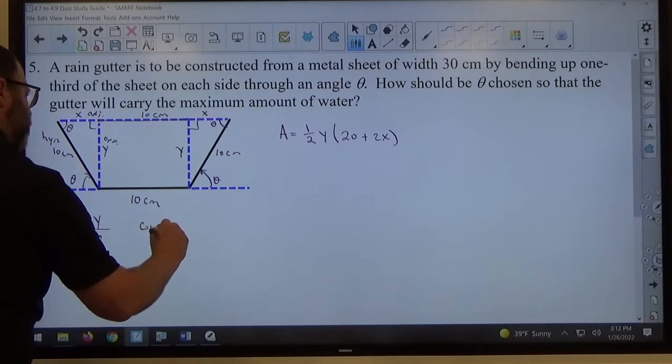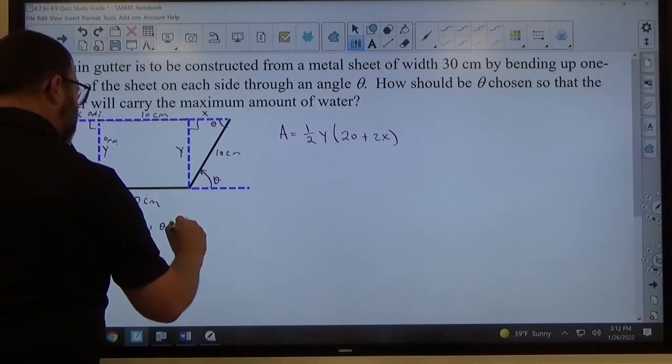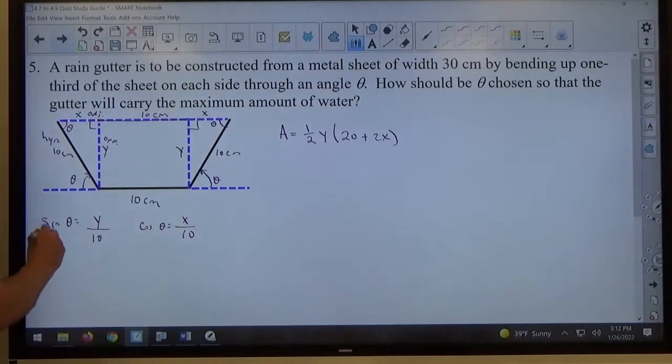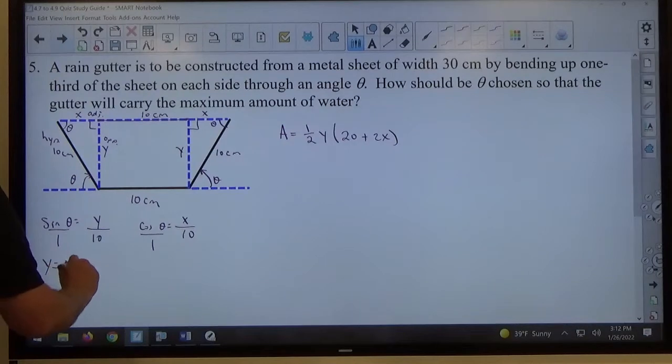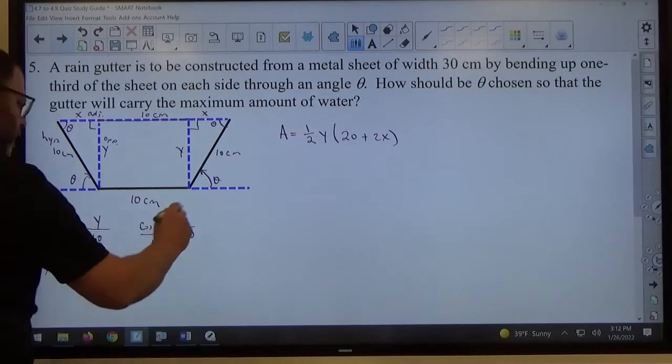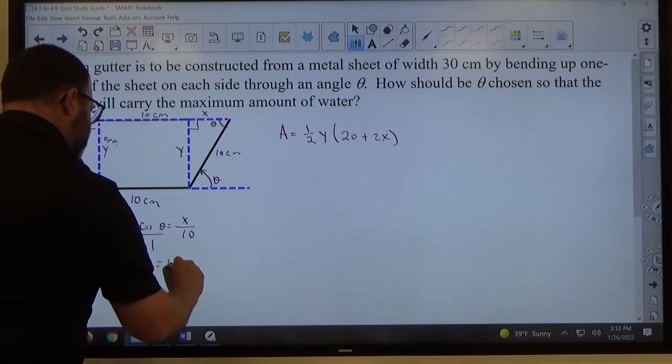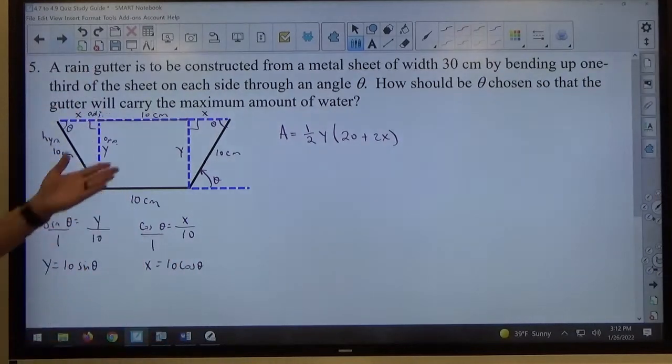Cosine of theta equals adjacent x over hypotenuse 10. In both cases, if I just cross multiply, I get y equals 10 sine theta, and x equals 10 cosine theta. So now I have the capacity to change x and y into expressions all about theta.